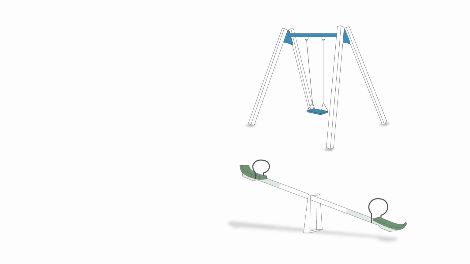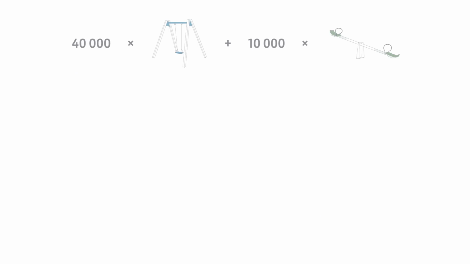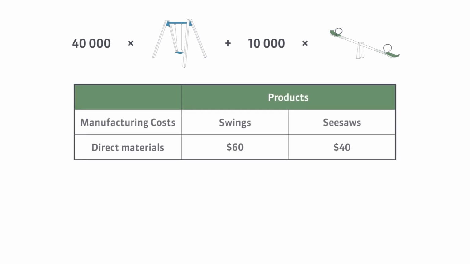Imagine a company that produces two types of products: swings and seesaws. The company sells 40,000 swings and 10,000 seesaws annually. The direct materials cost per unit is $60 for the swing and $40 for the seesaw.